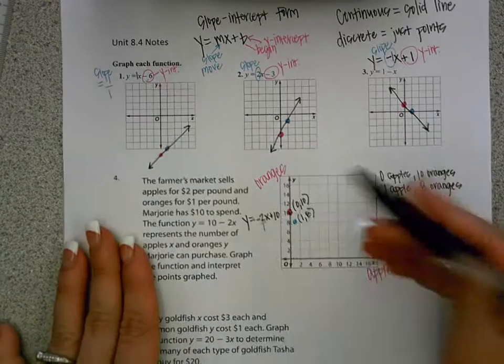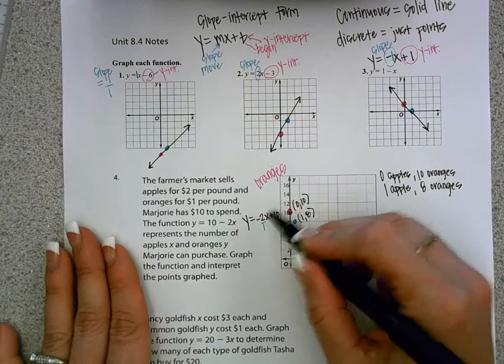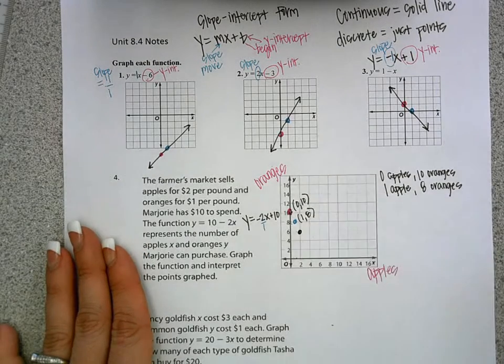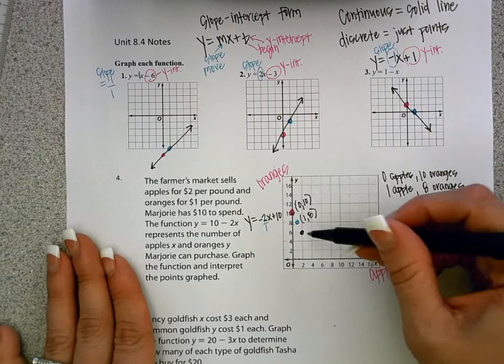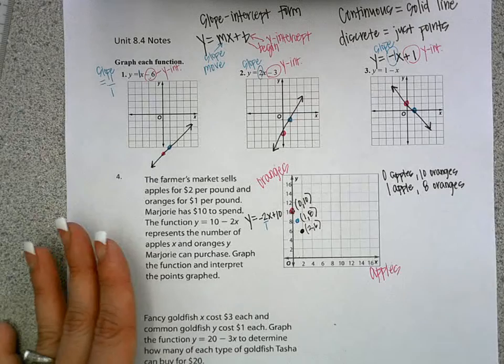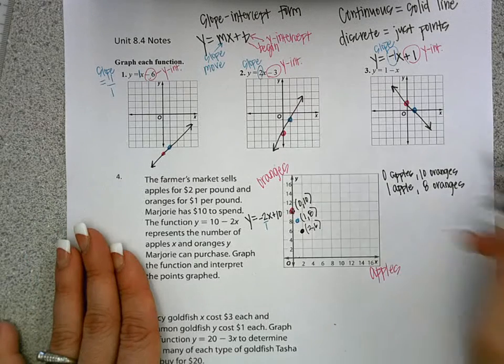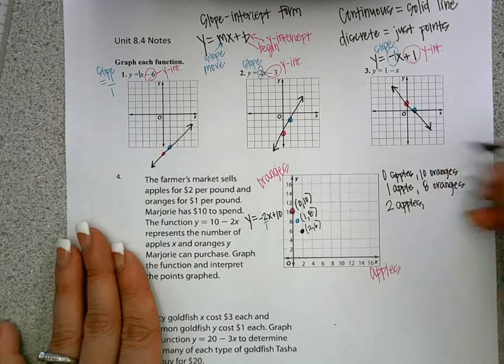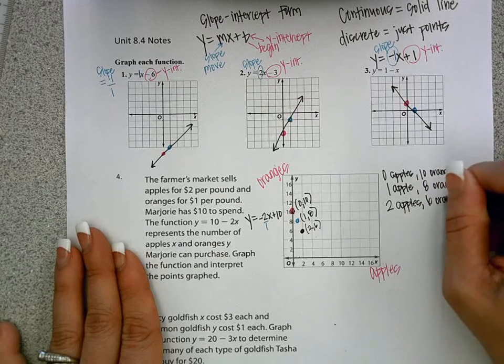So the next one you would go down 2 over 1. What point would that be? What point is this? 2, 6. So if you interpret that, what does that mean? 2 apples, thank you. 2 apples, 6 oranges.